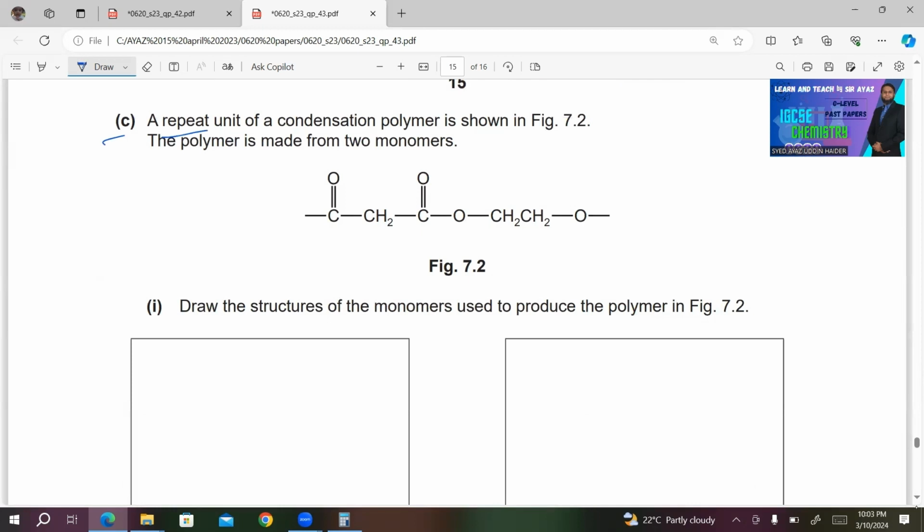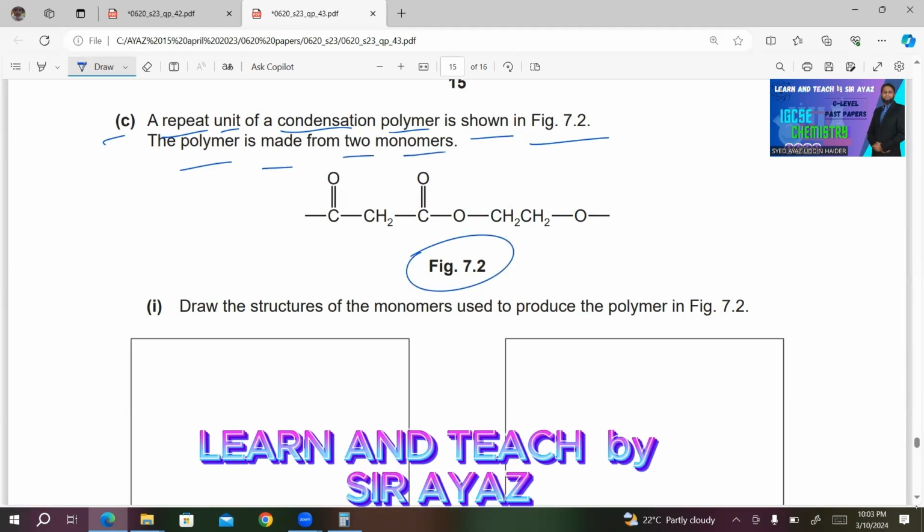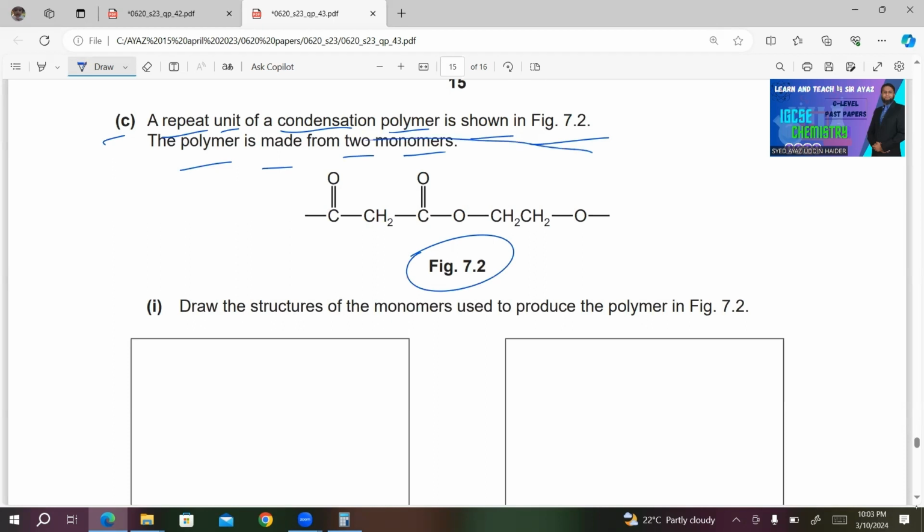A repeat unit of a condensation polymer is shown in figure 7.2. The polymer is made from two monomers. This is figure 7.2 and we have the condensation polymer. Number 1, draw the structures of the monomers used to produce the polymer in figure 7.2.